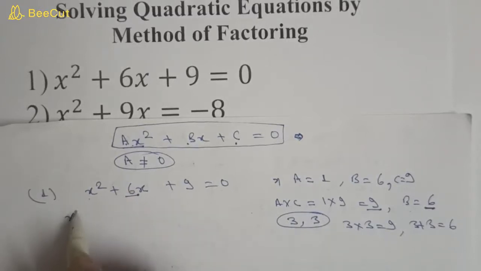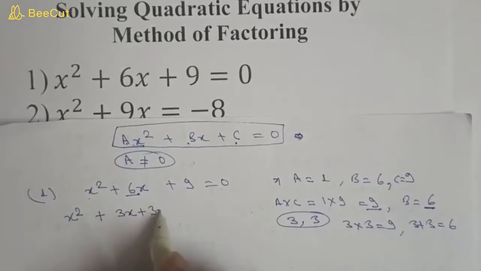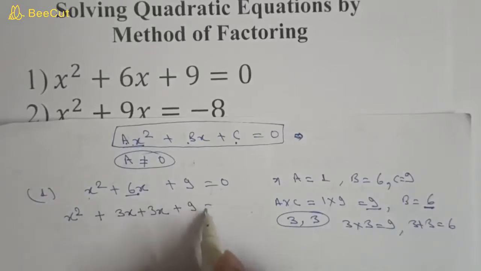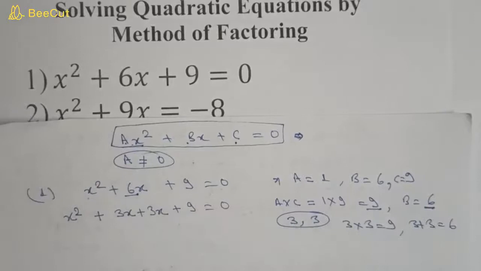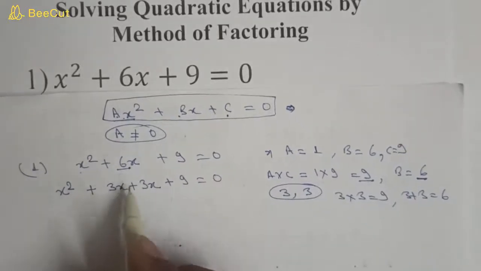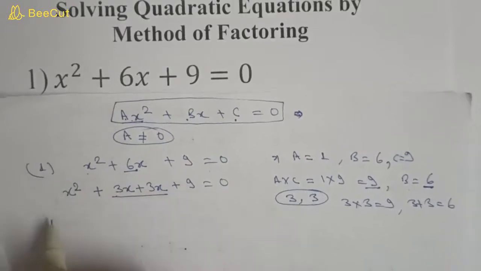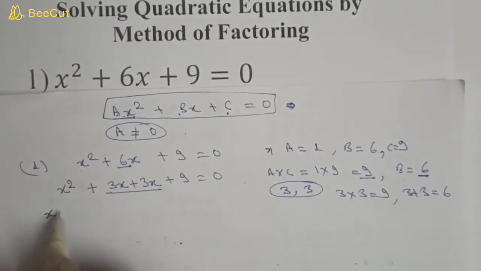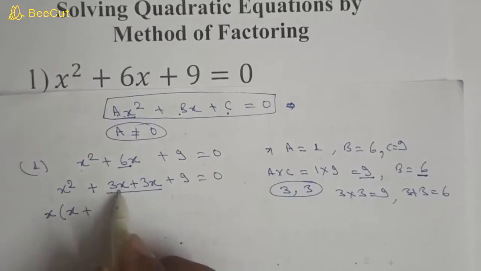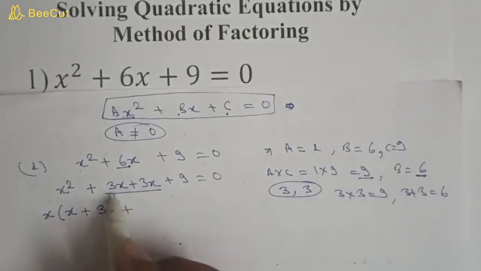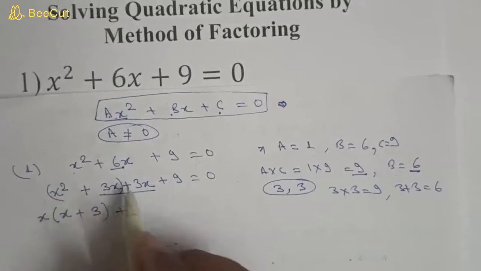So we can write it as x² + 3x + 3x + 9 = 0. Here we can see that nothing has changed, 3x + 3x is equal to 6x. If we take x common from the first two terms, we get x(x + 3), and from 3x + 9, if we take 3 common, we get 3(x + 3). These are the two pairs.